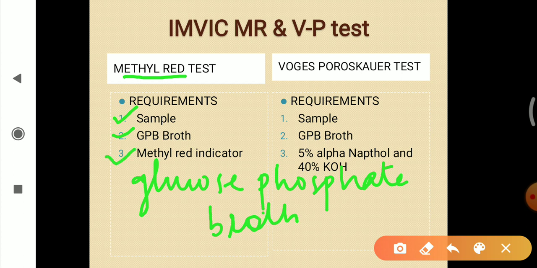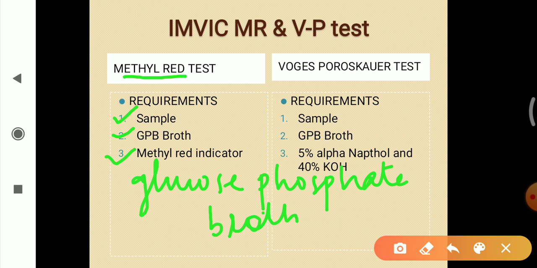To perform the methyl red test, we require only 3 things: a sample or culture, sterile GPB broth, and the methyl red indicator.